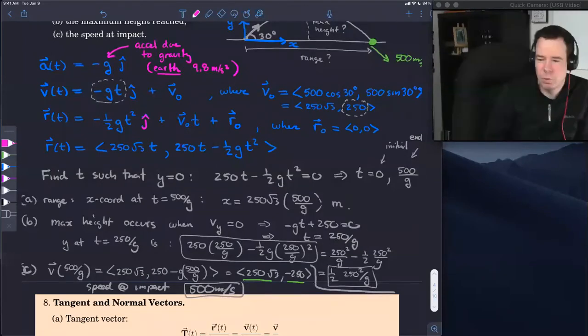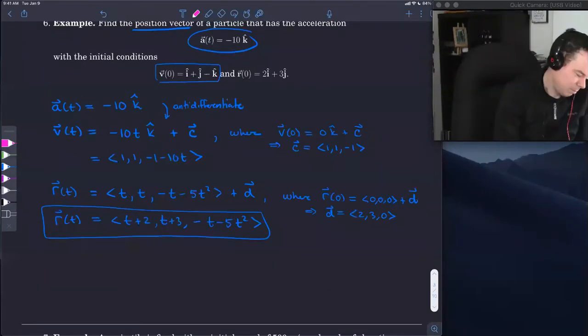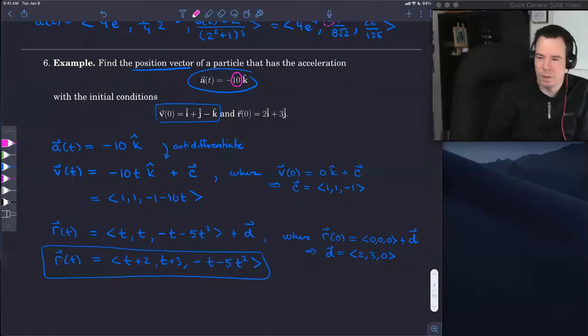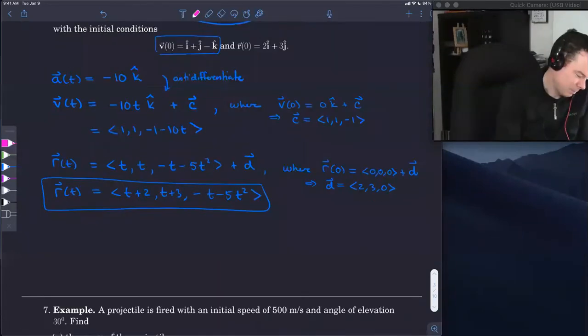And because it's happening in the downward direction, we're taking it to be negative, so it's negative g. Just like in the previous example, I indicated that 10 seems to be eerily close to 9.8. And so this was just an example where we also had a particle under the influence of gravity that was a lot like Earth.